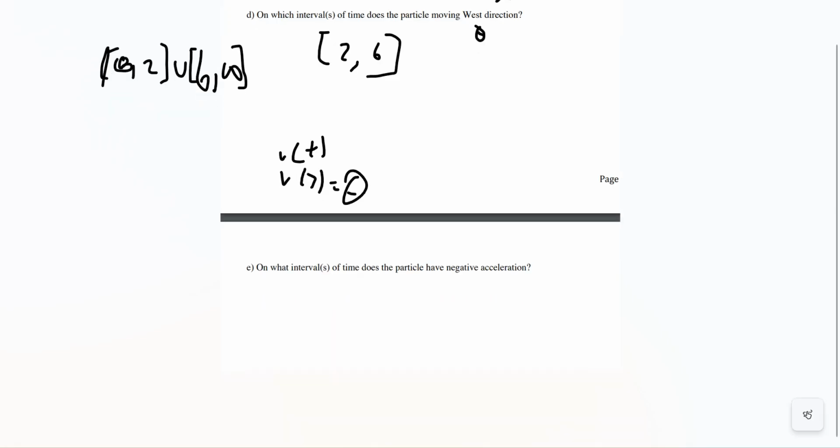Moving on, on what intervals of time does the particle have negative acceleration? So we're going to put the function down here. Just to remember, acceleration of t equals f double prime of t, and as you remember, f double prime was 6t minus 24.